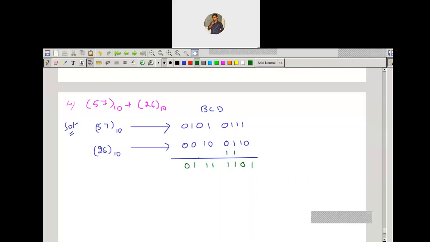Now you can observe here. Now tell me, is this the correct answer? Can anybody answer me? Is the obtained answer correct or not?